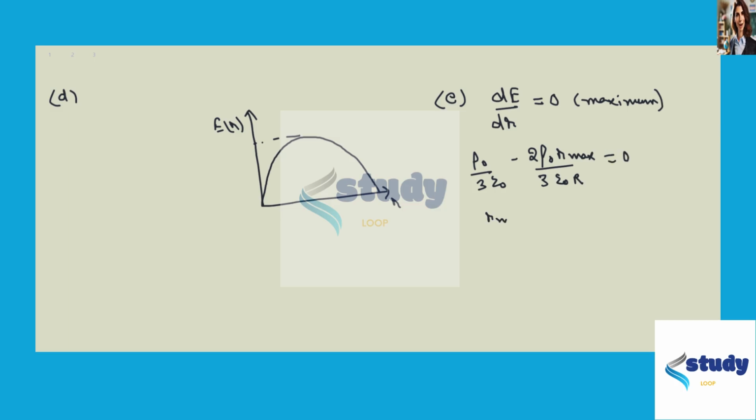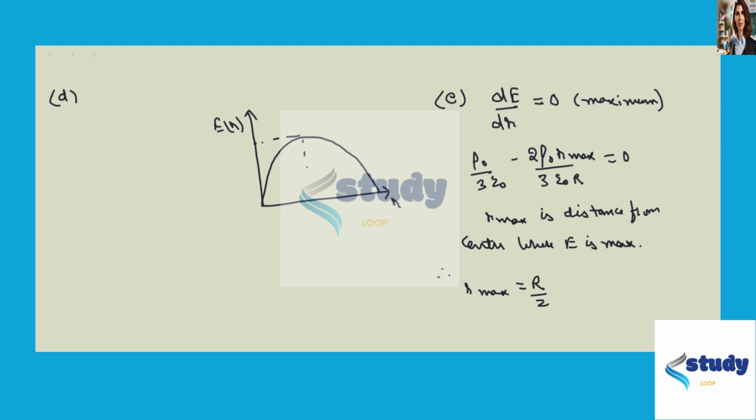R max is the distance from the center where the electric field is maximum. Therefore, this gives us R max equals capital R over 2.